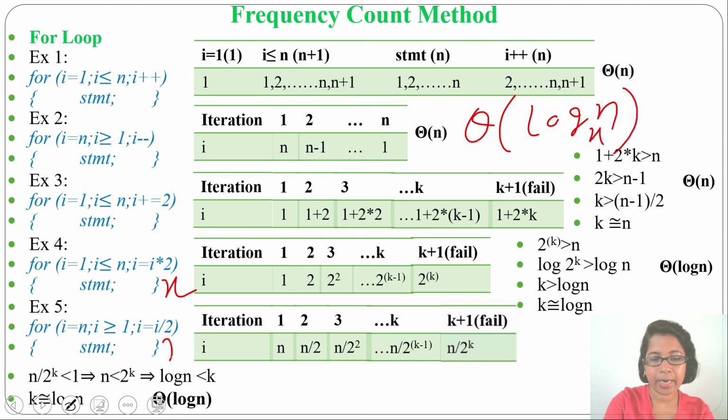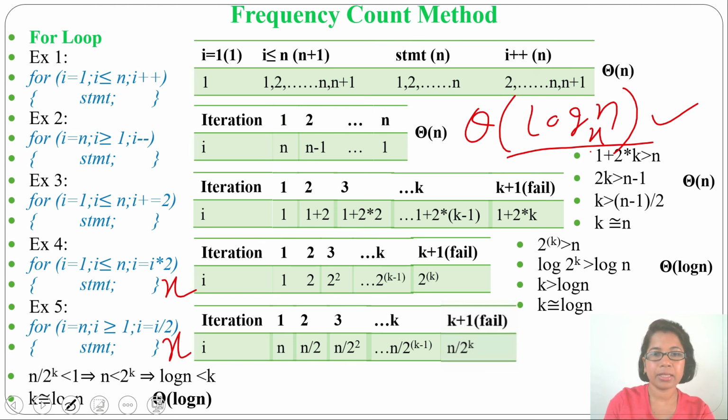If it is divided by x, then also running time will be theta of log n base x. So whether it is multiplying or dividing, running time will be theta of log n base x. If multiplying by 2, theta of log n base 2. If multiplying by 3, theta of log n base 3. If dividing by 5, theta of log n base 5, like this.